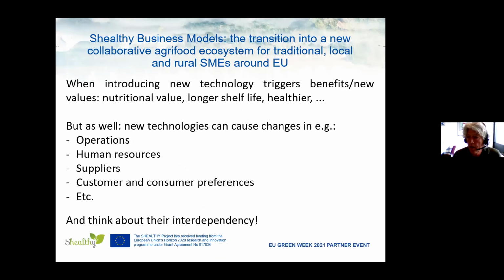So when introducing the new technology, it can trigger benefits and new values, like the nutritional value, the longer shelf life, the healthier product, and with that achieving the customer preferences, and also taking away their doubts on certain technologies.